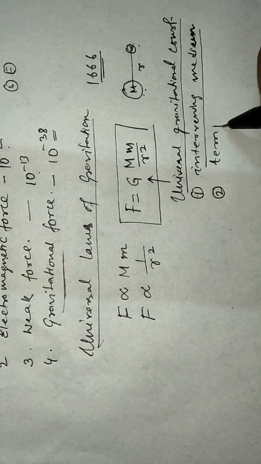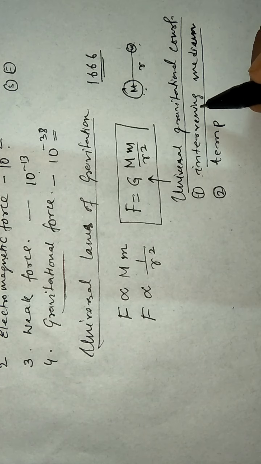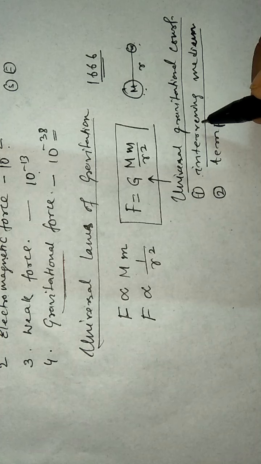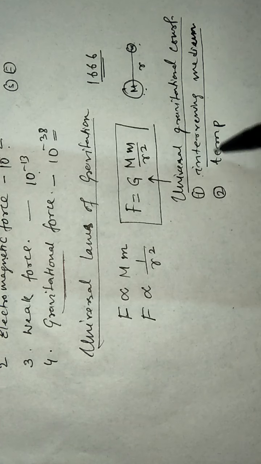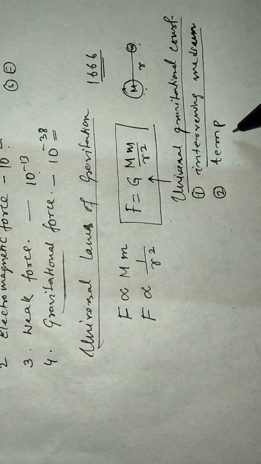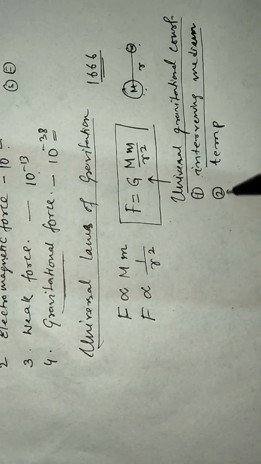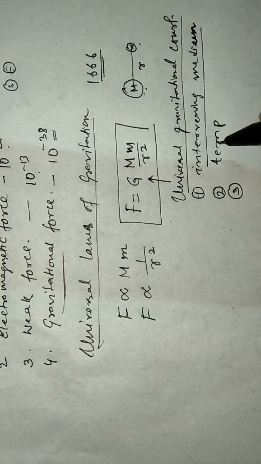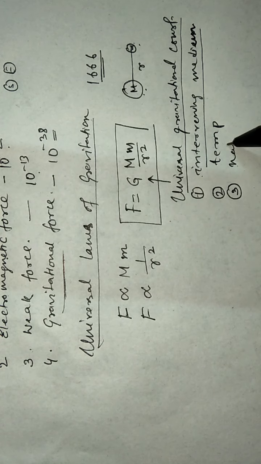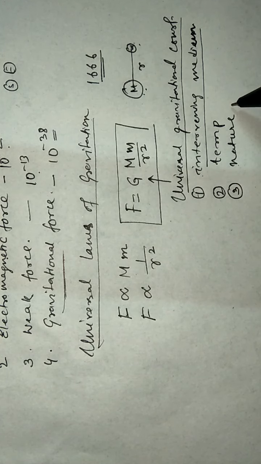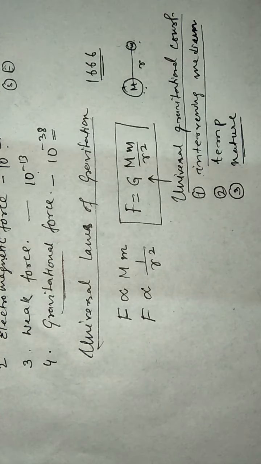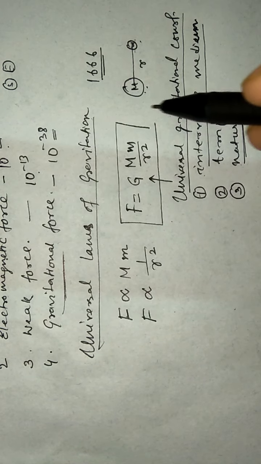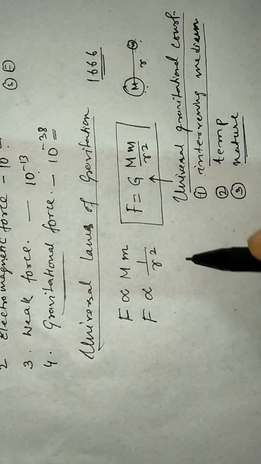It may be minus 50 degrees centigrade, 0, or plus 50, and the value of G remains unaffected. Number three, the value of G does not depend upon the nature of the attracting masses. Whatever the nature of the attracting masses, the value of G remains constant. Now we can define G. How to define G?